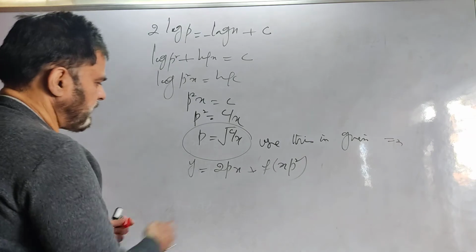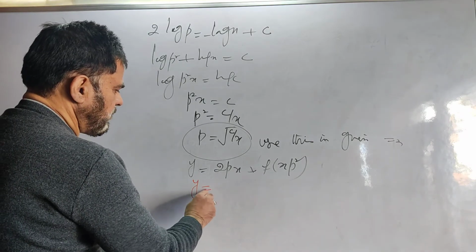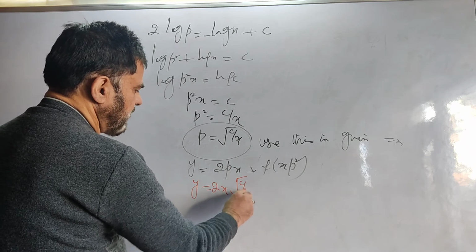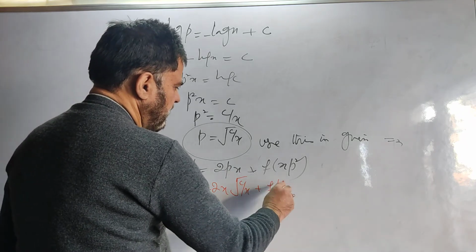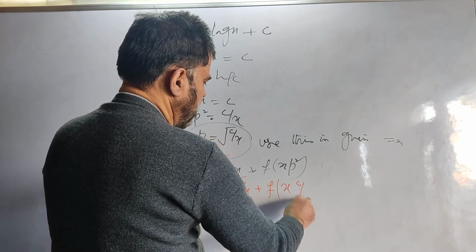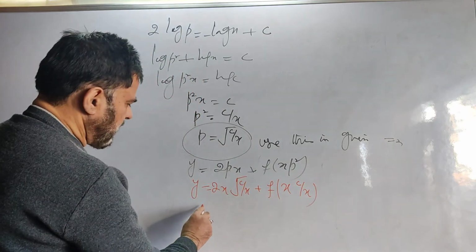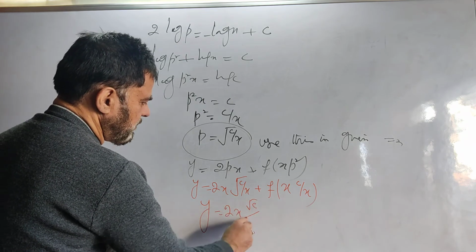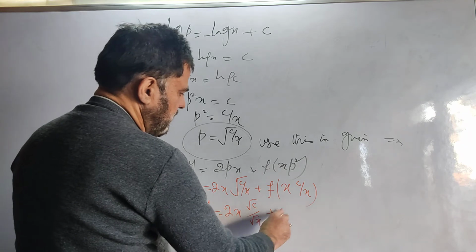Now use here, y is equal to 2x, the value of p is under root of c by x, plus f of, this is your x, this is your square of this, it will be c by x. Now you can write it y is equal to 2x, it is root c by root x, plus f of c.